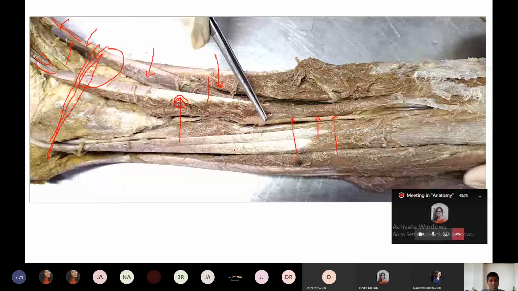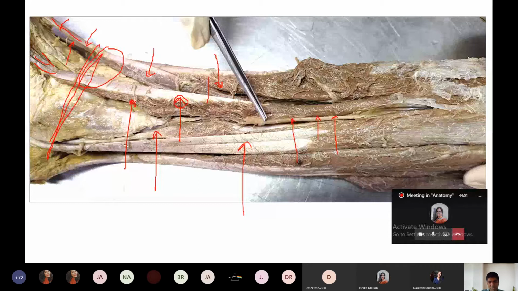If you move more anteriorly, this is the fiber of the peroneus tertius. This peroneus tertius is counted in the anterior compartment muscles. Even though it is named peroneus, it goes with the extensor digitorum longus muscle, so it is counted in the anterior compartment.